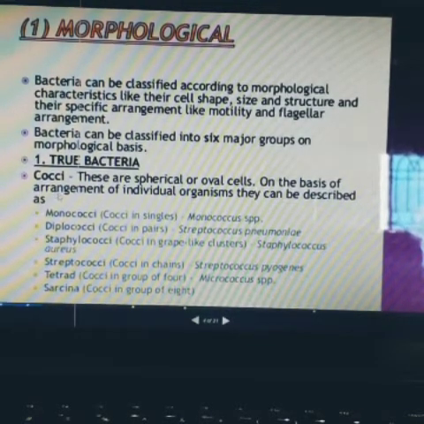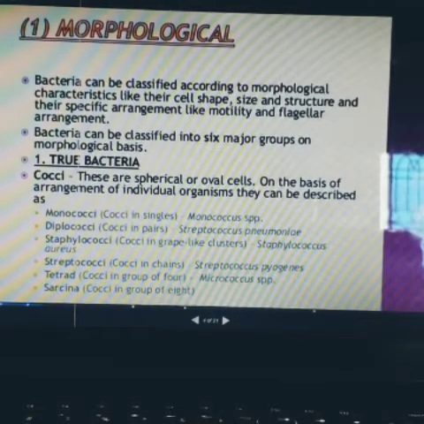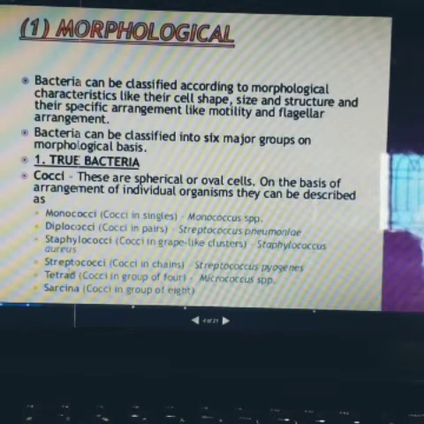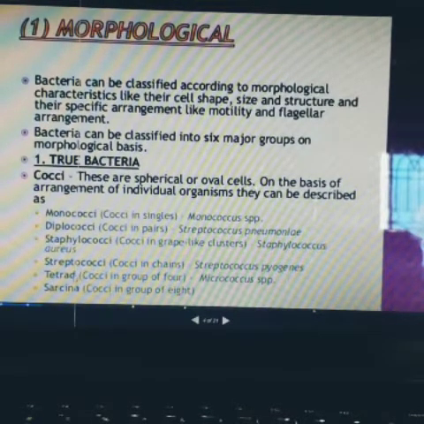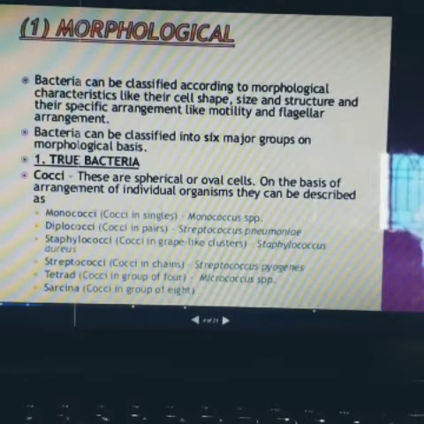Here the arrangement of the individual organisms can be described as Monococcus, Diplococcus, Streptococcus, Tetracoccus, and so on. The Coccus bacteria have 7 such arrangements.